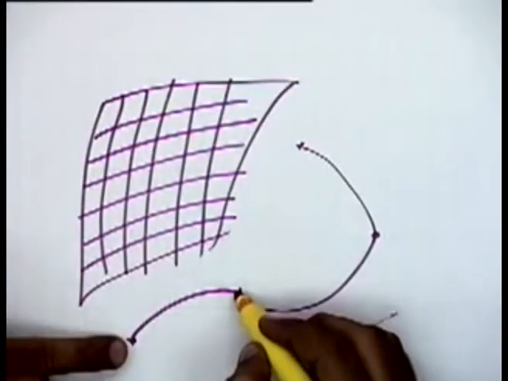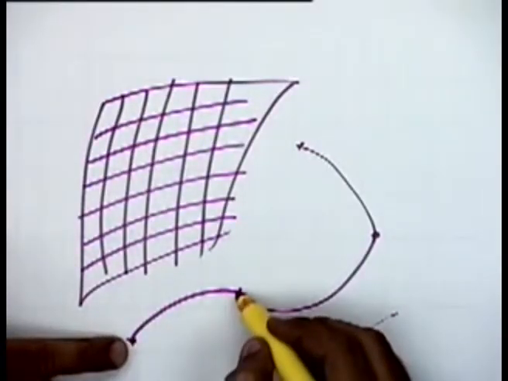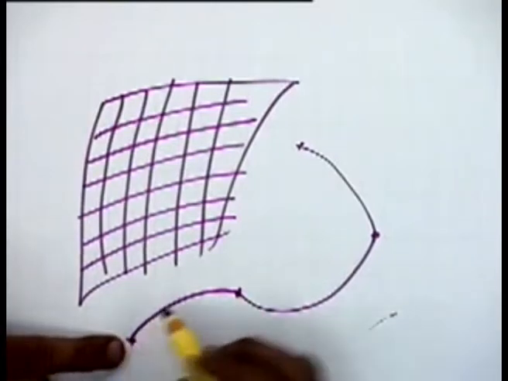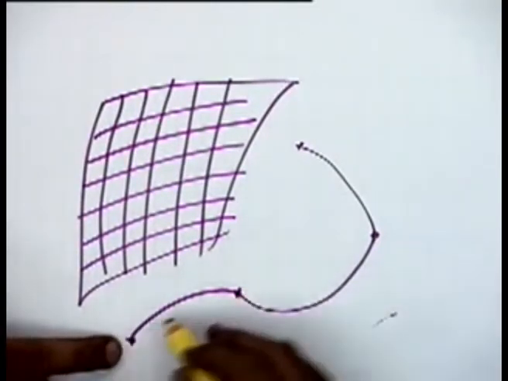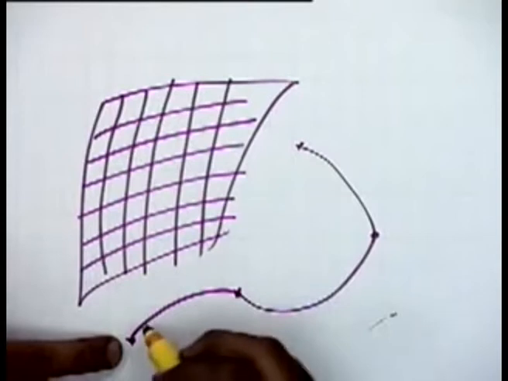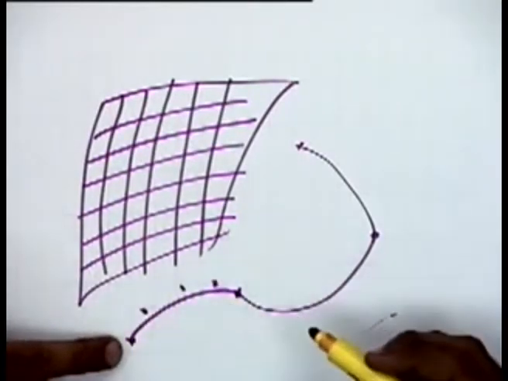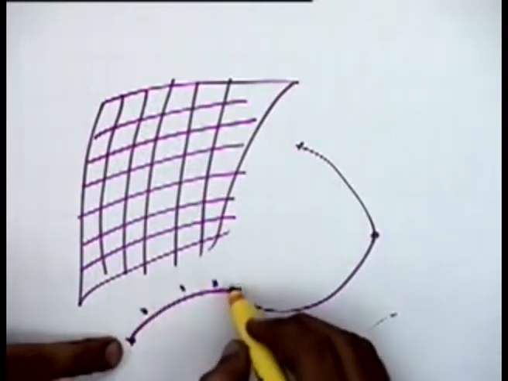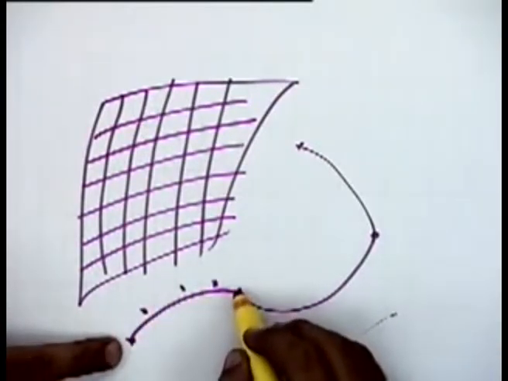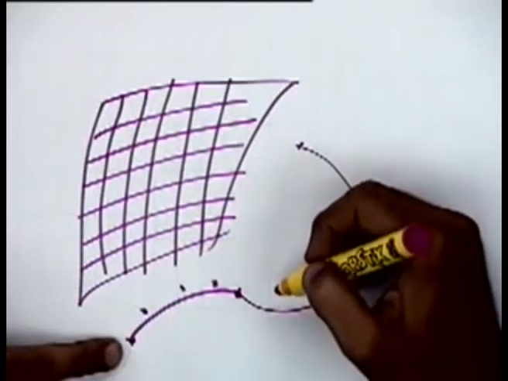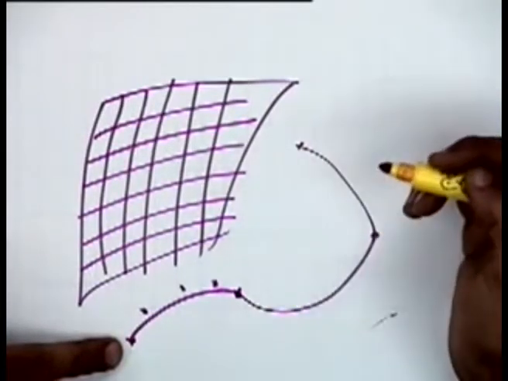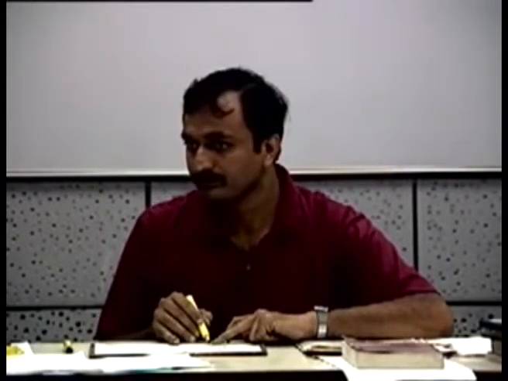If you have a curve starting from this point and ending at this point, you're right, if I just specify two points, I can only have a straight line between them. But if I have a set of control points, I can have a set of points here. This is the set of control points which define this curve. Then I can have a curve either as a cubic curve or a higher degree polynomial curve, depending on the modeling technique I am using.